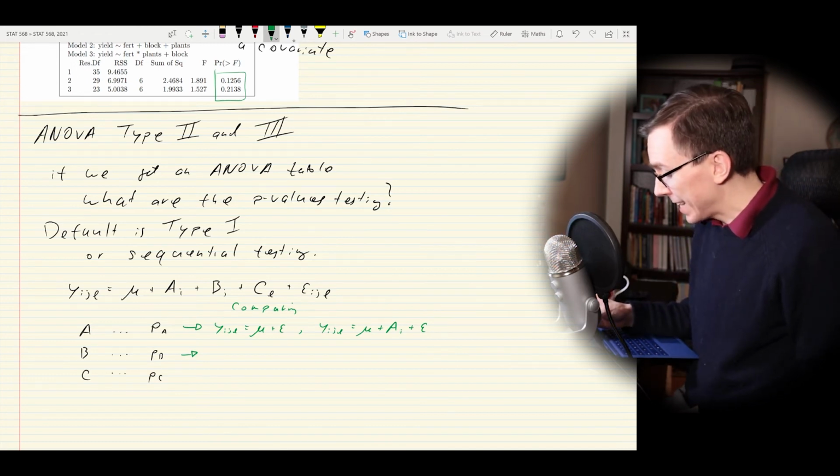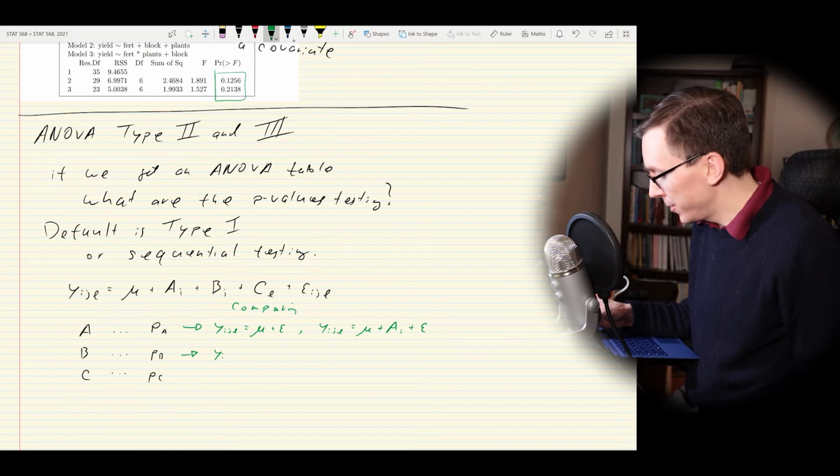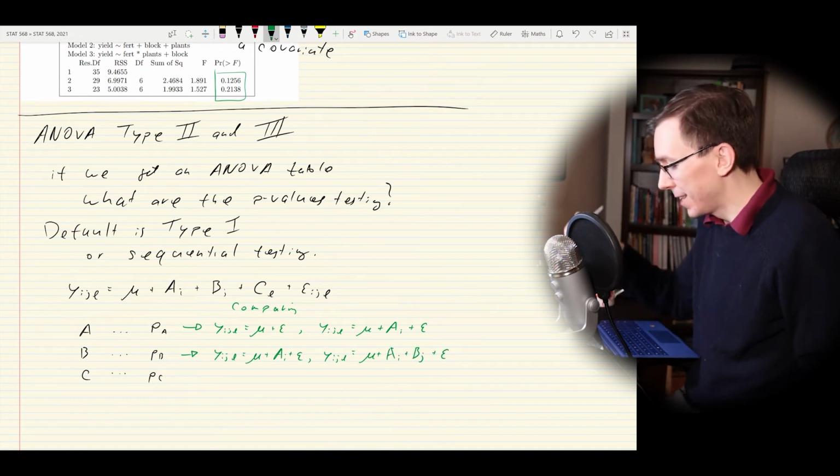Now, when we get to the next line, we've already included A in the model. So we're going to be comparing the model mu plus A_i plus epsilon to Y_ijl is going to be mu plus A_i plus B_j plus epsilon.